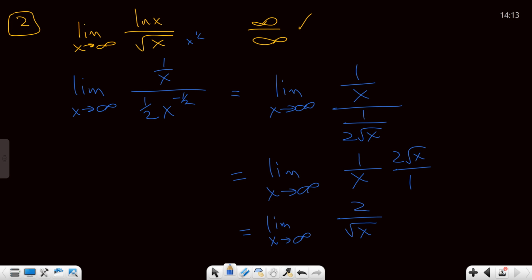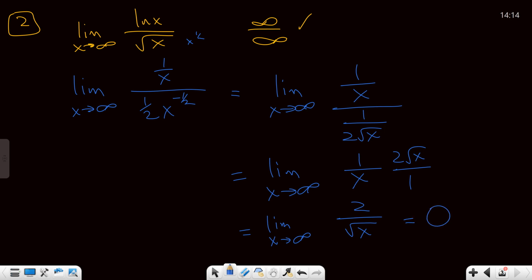X to the 1/2 divided by x to the first is x to the negative 1/2, which brings it back to the bottom. Then I plug and chug. I should get an answer now because my numerator is a constant. What is 2 over infinity? 0, correct.